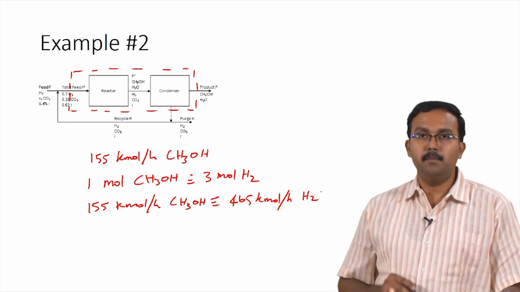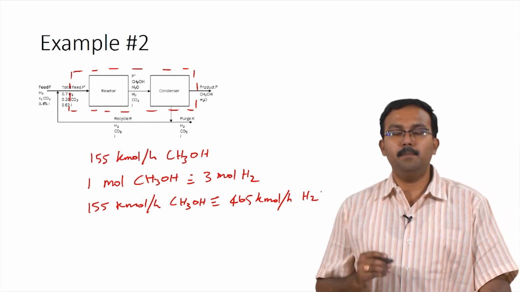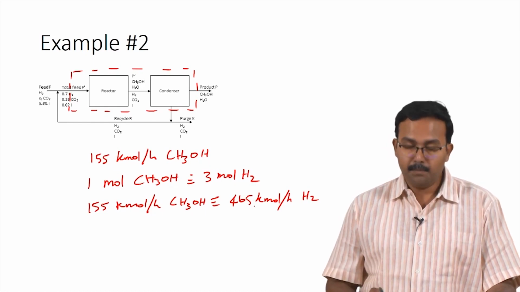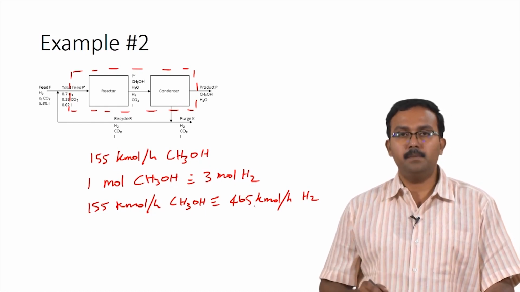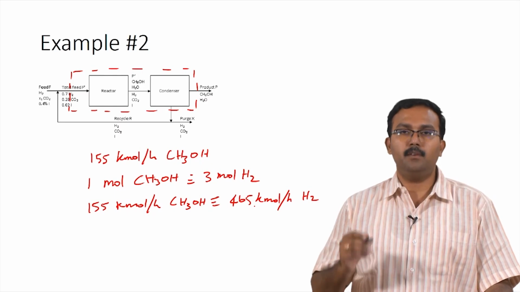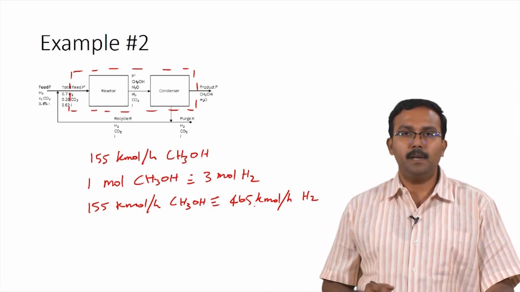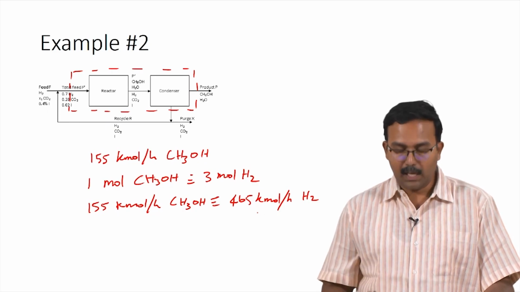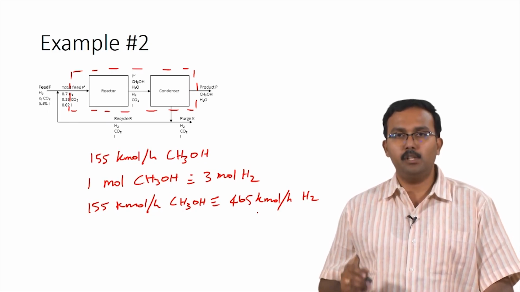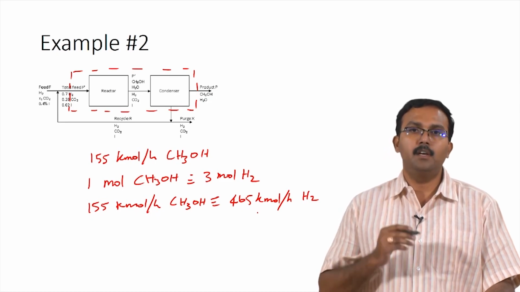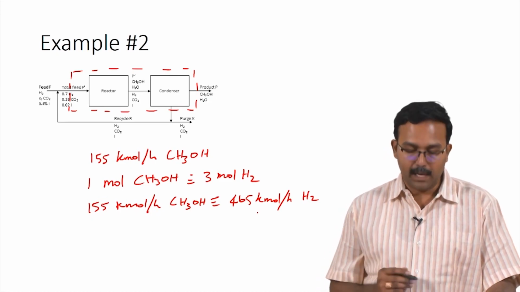For the given system, we also know that there is a 60% single pass conversion, which means 60% of consumption results in formation of 155 kilomoles per hour of methanol. That would imply the consumption which we have calculated here, 465 kilomoles per hour of hydrogen, would account for the 60% of hydrogen entering the reactor.